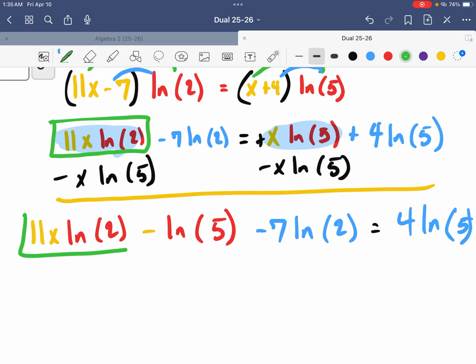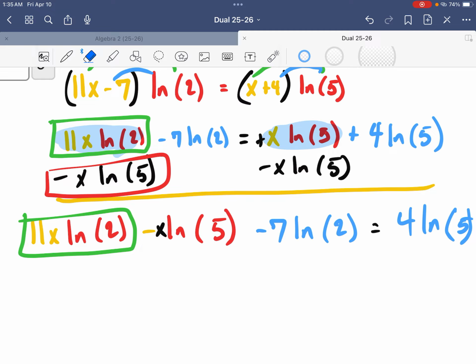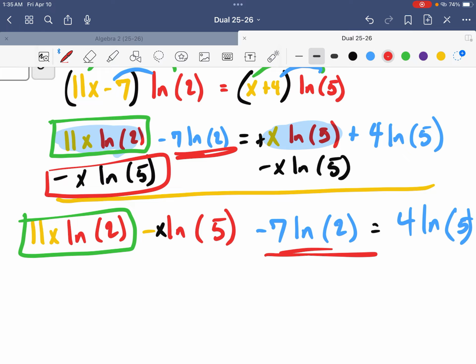Then I'll write what was underneath it next. Underneath it is negative x ln5. Oh, I forgot the x right here. Negative x ln5. Right, and then what I have left over, after all that, I still have the minus 7 ln2, which is right there, equals 4 ln5.